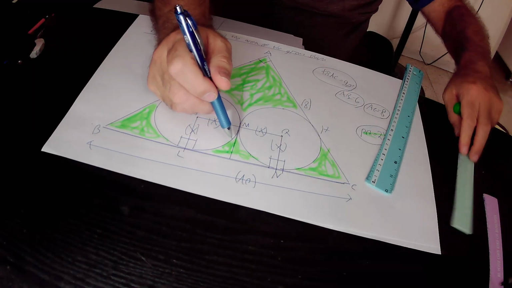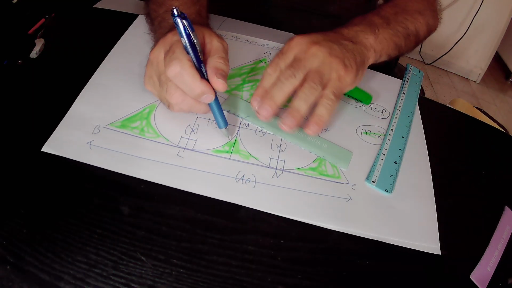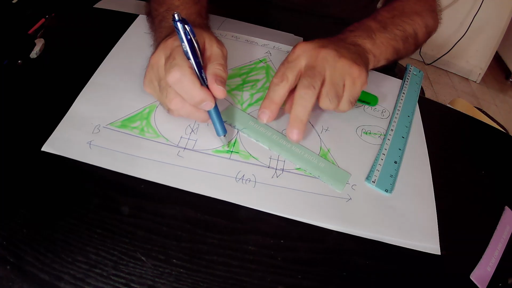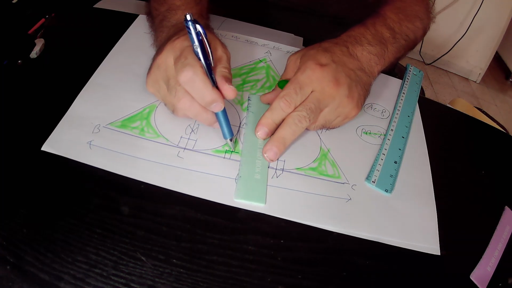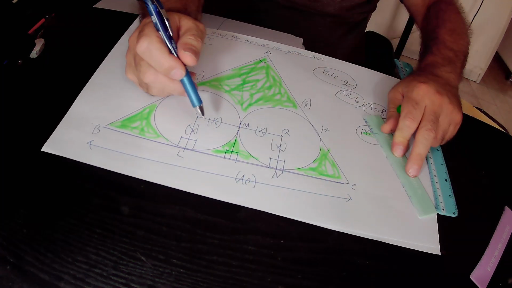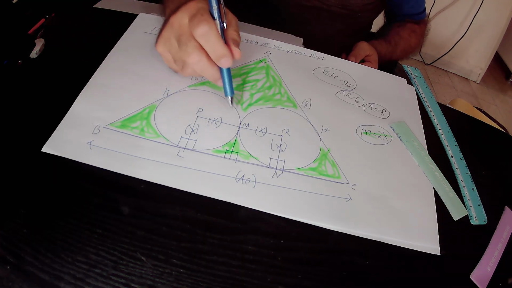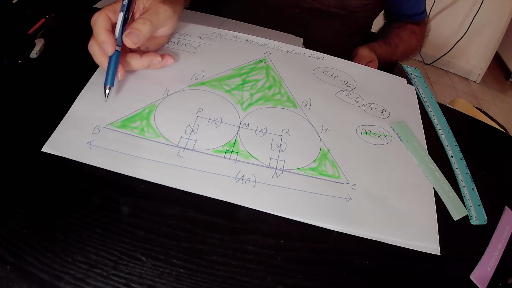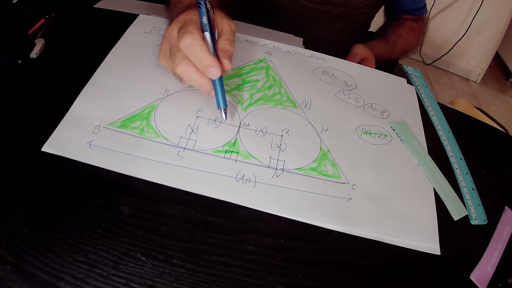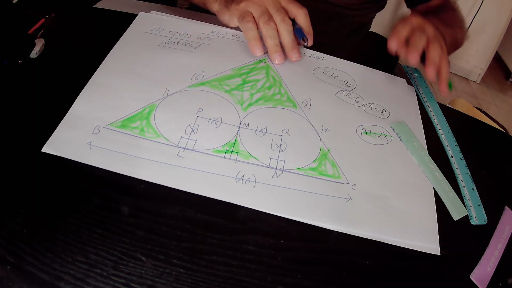So this angle equals 90 degrees, and this angle also equals 90 degrees according to our construction. We define the point where the perpendicular from point M meets BC as point Z.